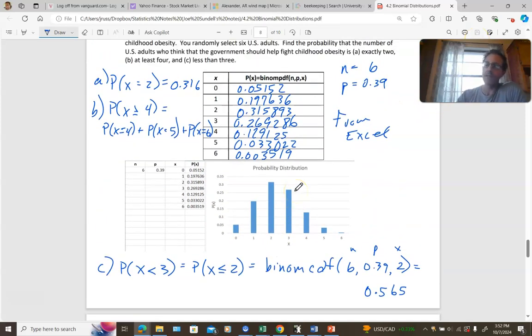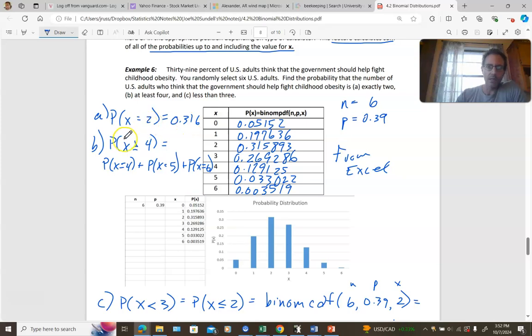All right, having done that one, let's come back to part B. Part B says at least 4, so that means 4 or bigger. Well, that binomial CDF, if we use it, only gives us the probabilities of values of x that are 4 or less, not 4 or bigger. So maybe I could figure out a way to restructure this, implementing the idea of a complement.